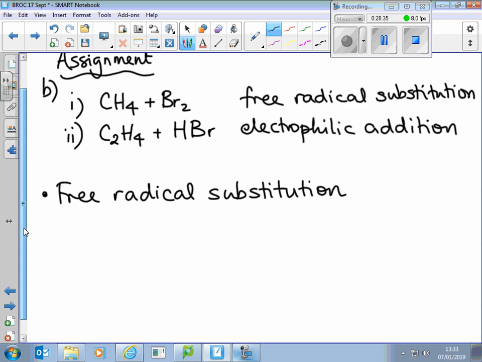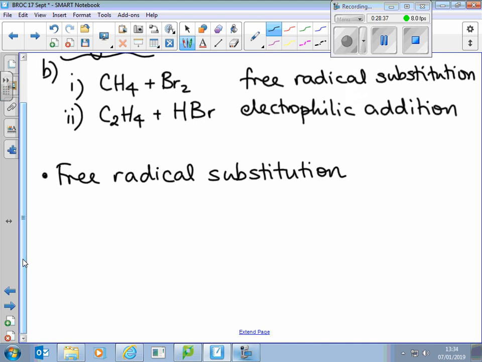The first thing you have to get, this has to be initiated. So there's initiation, and this involves ultraviolet light. Okay, this is a reaction that can be started by a flash of UV light.